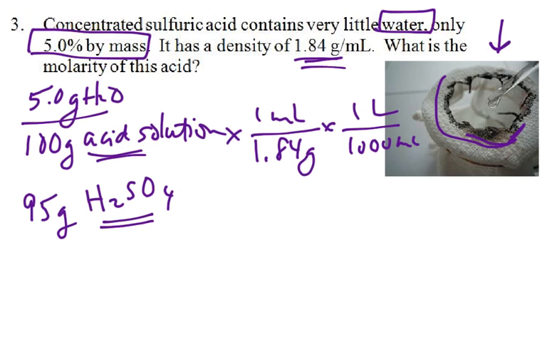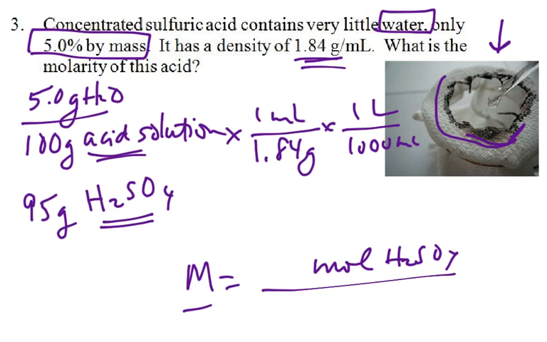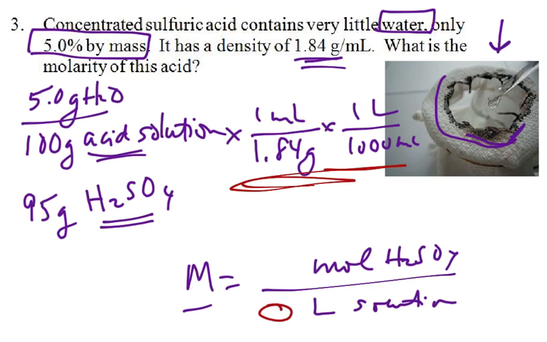Now we want to do the molarity. Okay, and we know that molarity is moles of our solute, in this case it's H2SO4, over liters of solution. So the answer we would get for this problem here is going to be our liters. And if we have 95 grams of H2SO4, we know what the chemical is, then we can calculate sulfur plus 4 oxygens and 2 hydrogens.